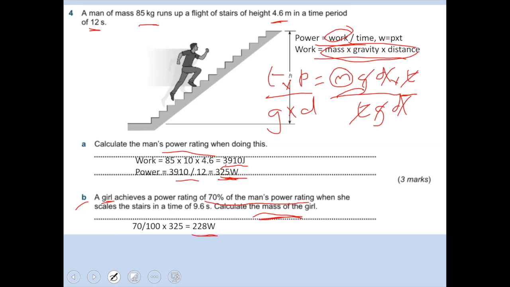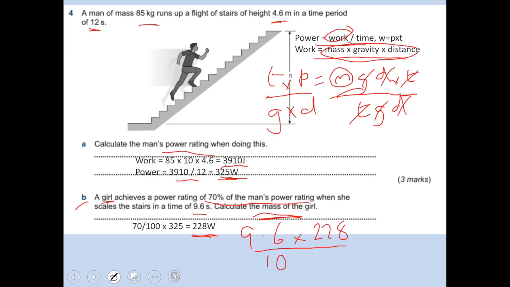What I've got to do now is sub the numbers in. Looking through, I can see the time, t, is 9.6. So I'm going to do 9.6 times the power, which we've just worked out, 228, divided by g times d. Well, g is always 10 on Earth.